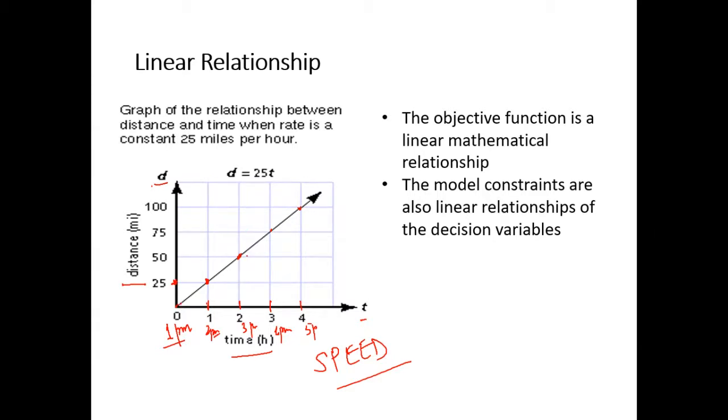But when we put it on the graph, we can join these points and get a straight line. What does this mean, a straight line? Can anyone tell me what this represents?